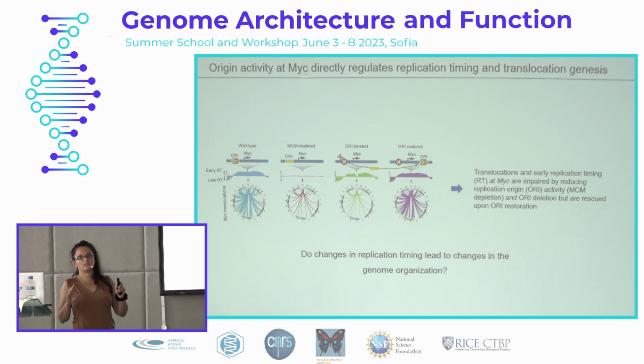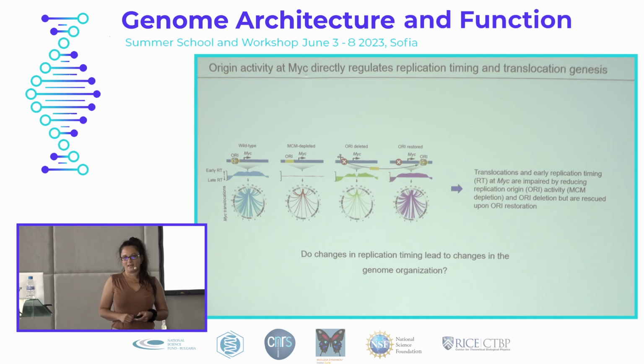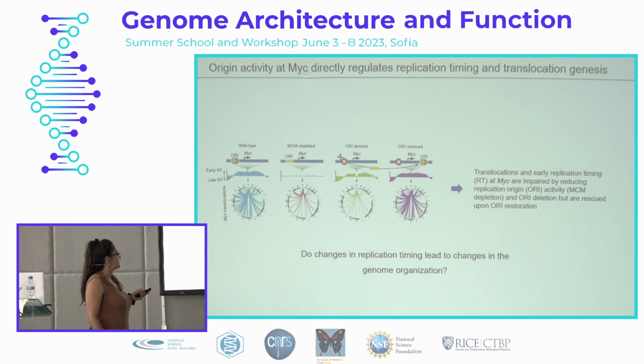So we wanted to see if the changes in replication timing would lead to changes in the genome organization. When people do replication timing experiments and see defects in replication timing, they usually do Hi-C to check the genome architecture because of this very nice correlation between early-late timing and AB compartments. This is the first thing we did, to see if there are changes which would somehow explain the replication phenotype and translocation defect we saw.